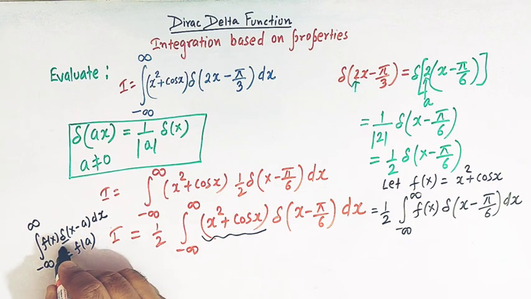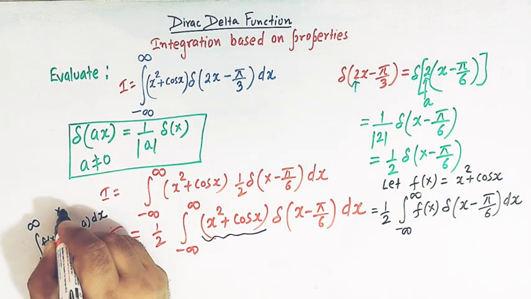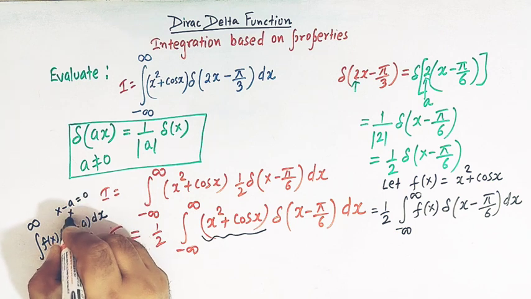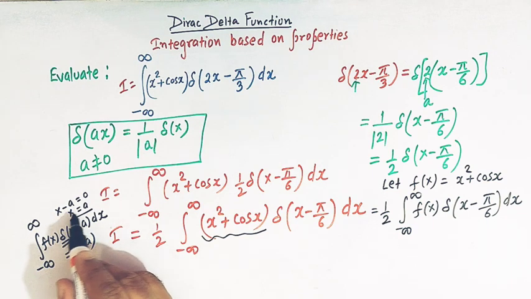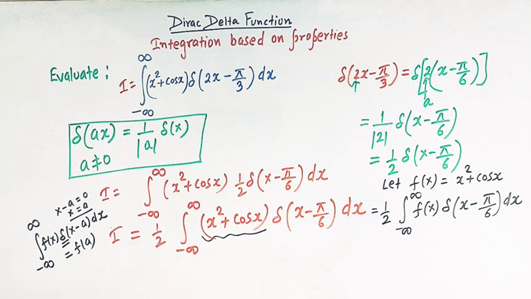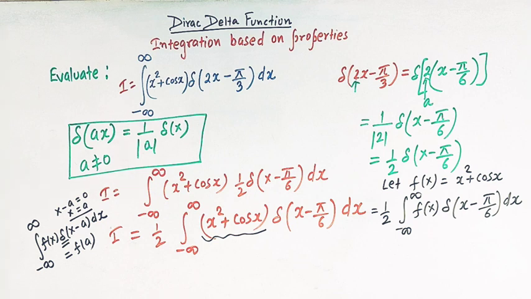It means the delta function acts on the function f of x at the point where x minus a is 0, that is x is equal to a. The delta function has its value at this point x equal to a only, and it picks out the value of the function f of x at x equal to a as the value of the integral.